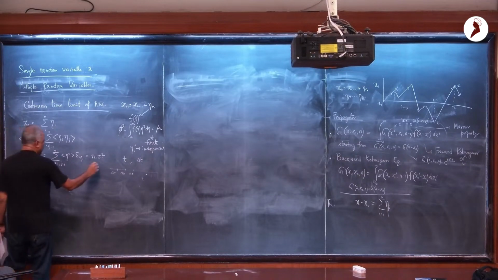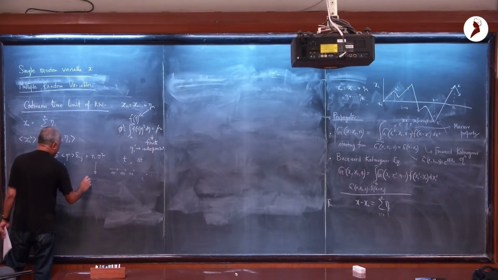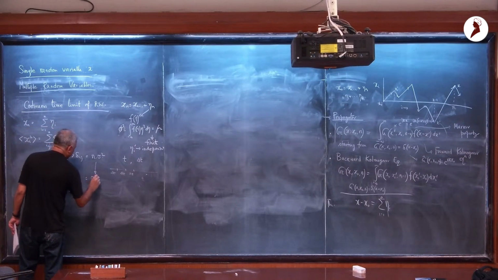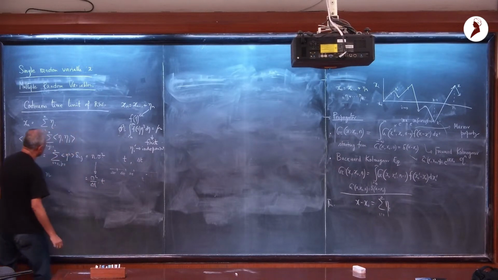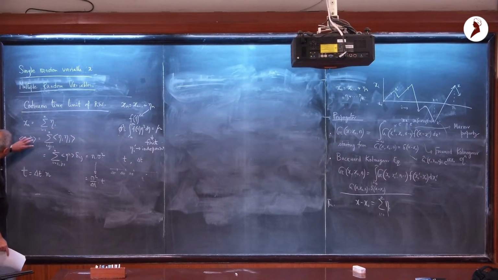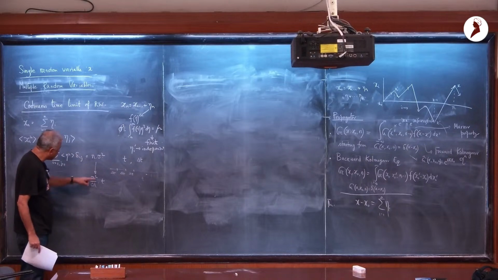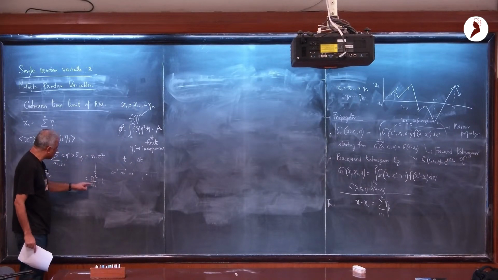If I want to write this in terms of the real time, I just replace n by t over delta t. So what you see is that the variance is proportional to t, but with a factor sigma squared over delta t.